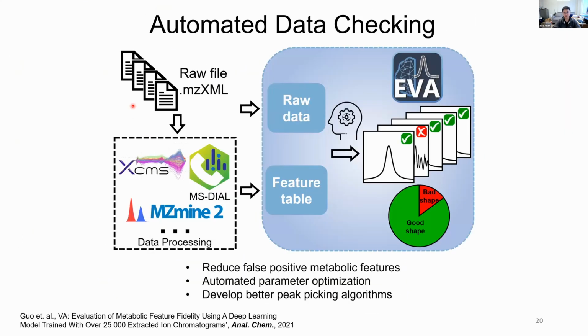From there, we trained the model, which is EVA, short for evaluation of chromatographic peak shapes. You take the raw LCMS file, process it with data processing software, and generate the feature table. Both the feature table and the raw data are used as input for the EVA software, because the model was trained using 25,000 EIC chromatograms.